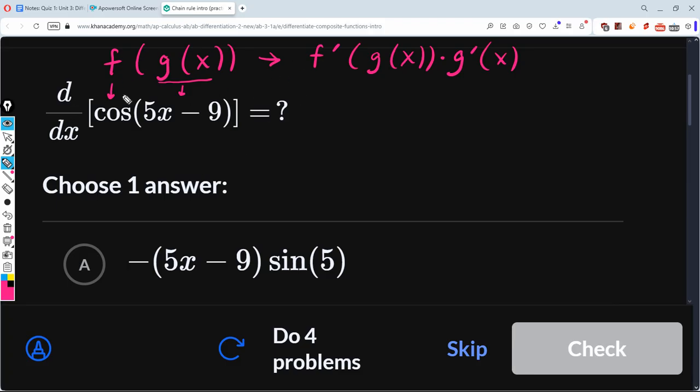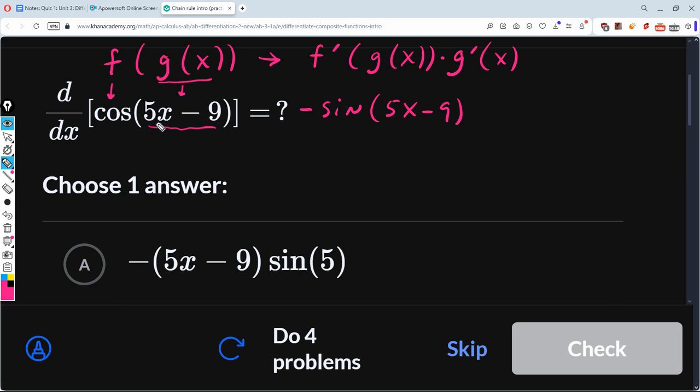So f prime, the derivative of cosine, is going to be negative sine. And that's going to be, not times, but basically you leave the inner function alone. The inner function is 5x minus 9. And then times the derivative of g. The g function is 5x minus 9.